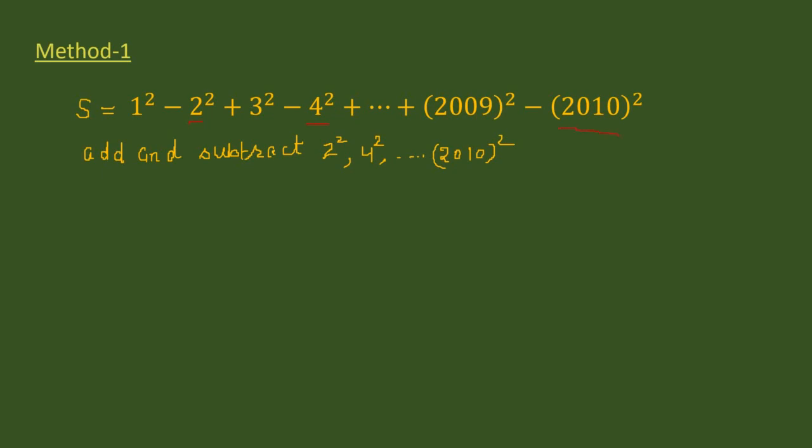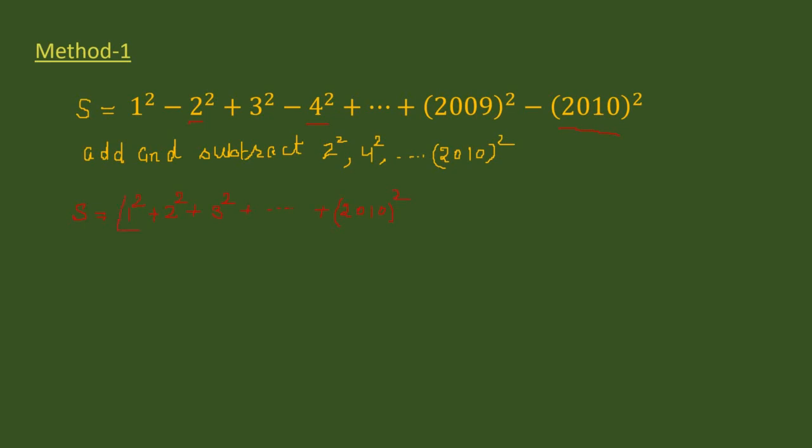So S is equal to 1 square plus 2 square plus 3 square up to 2010 square.